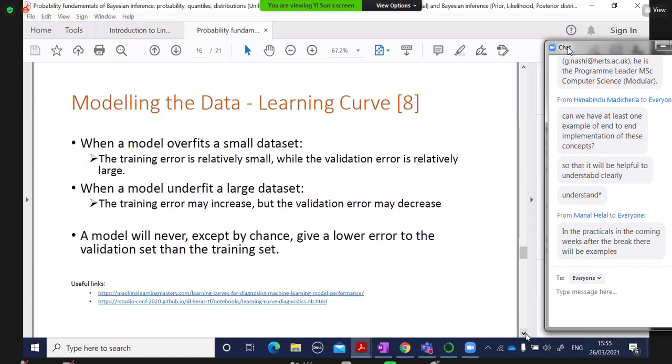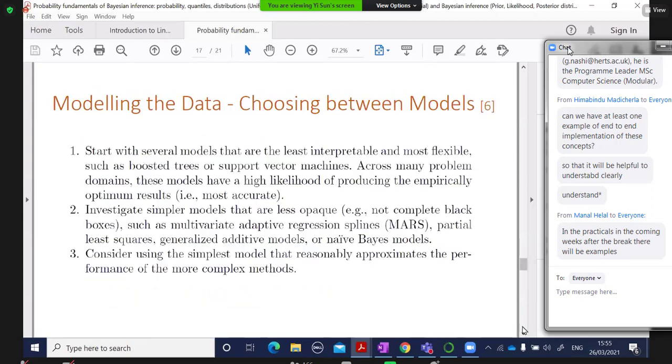Quite often, if a model is trained properly, it will never, except by chance, give a lower error on the validation side than the training side. The training side usually has a lower error than the validation side.